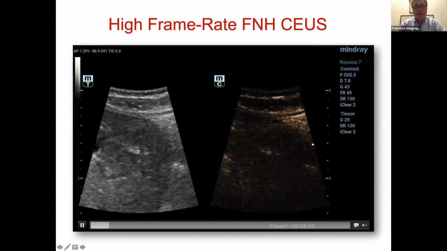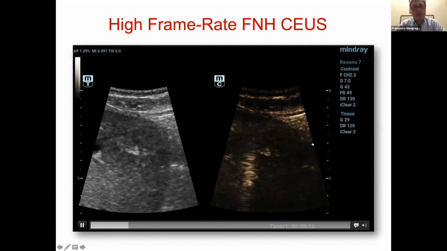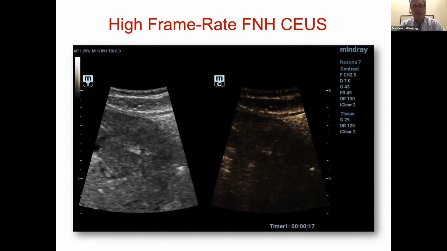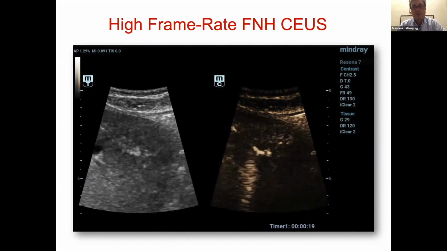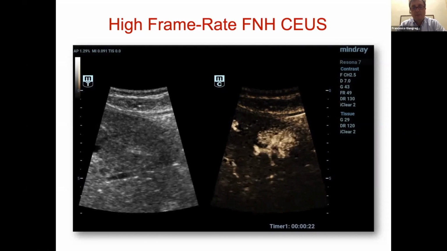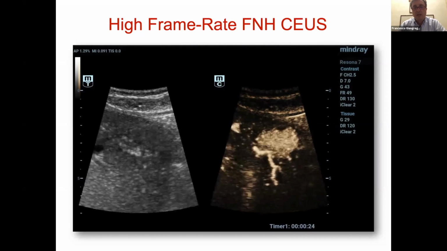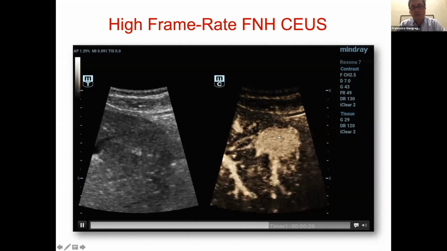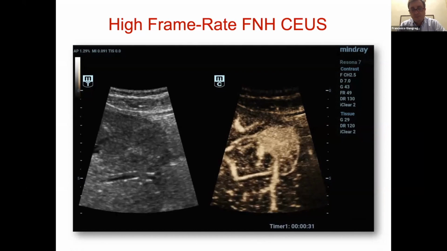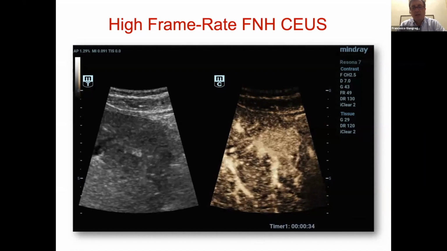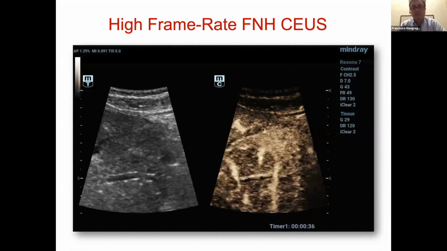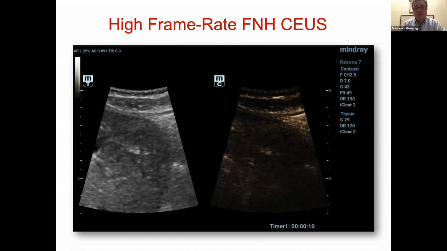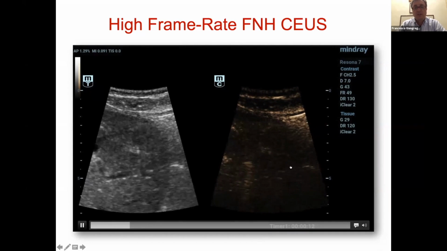In this case, a simple case to understand the clinical utility of high frame rate contrast enhanced US, a small focal nodular hyperplasia, you can see very well the microvascularization inside the nodule, and the microbubbles are seen very well in comparison to the surrounding hepatic parenchyma.